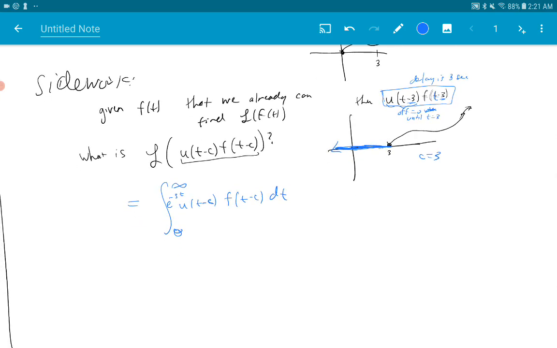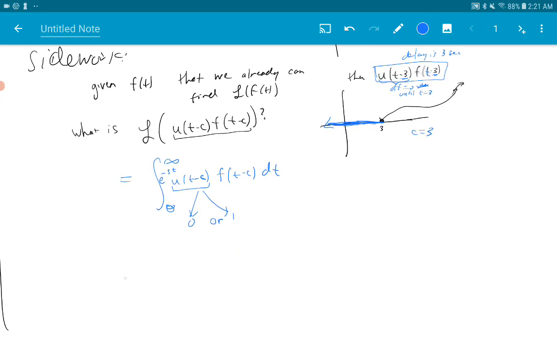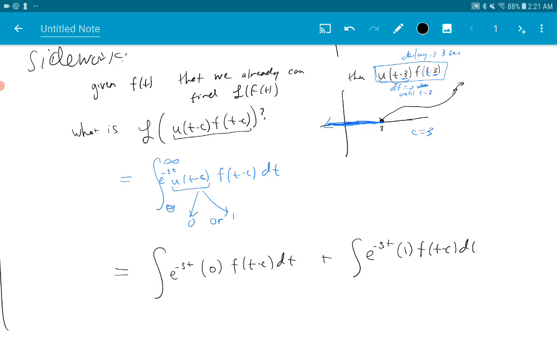Okay, here's the deal. Remember how this step function works. u is either 0 or 1. So the best way to handle an integral that has it in there is to split it up into 2 pieces. It'll be an integral when u is 0, so e to the negative st times 0 times f of t minus c dt, plus an integral when it's equal to 1.